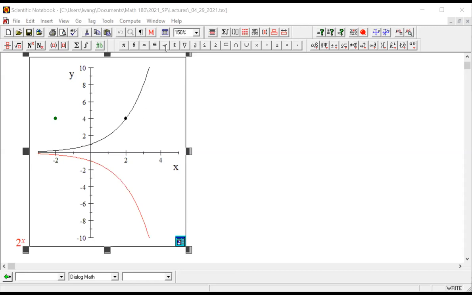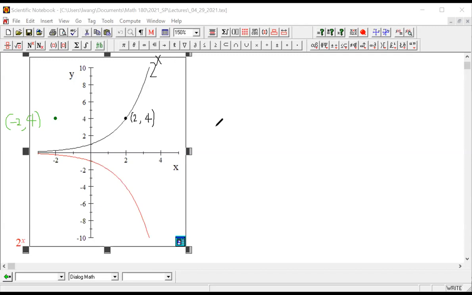Okay, so this point is 2, 4, and that is on 2 to the power x. And this other point is negative 2, 4. Do you guys see that? 2 to the power x reflects across the y-axis.